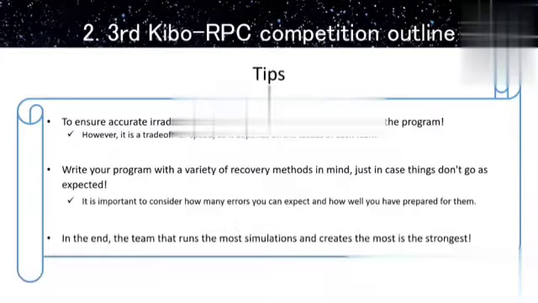There are many reasons for this, but one example is that Astrobee in orbit has a motion error that cannot be reproduced in the simulation, and this can cause a positioning error that can cause the program to stop. It is necessary to consider various recovery methods and include them in the program to deal with such situations. It is also important to imagine what kind of errors might occur and prepare for them.